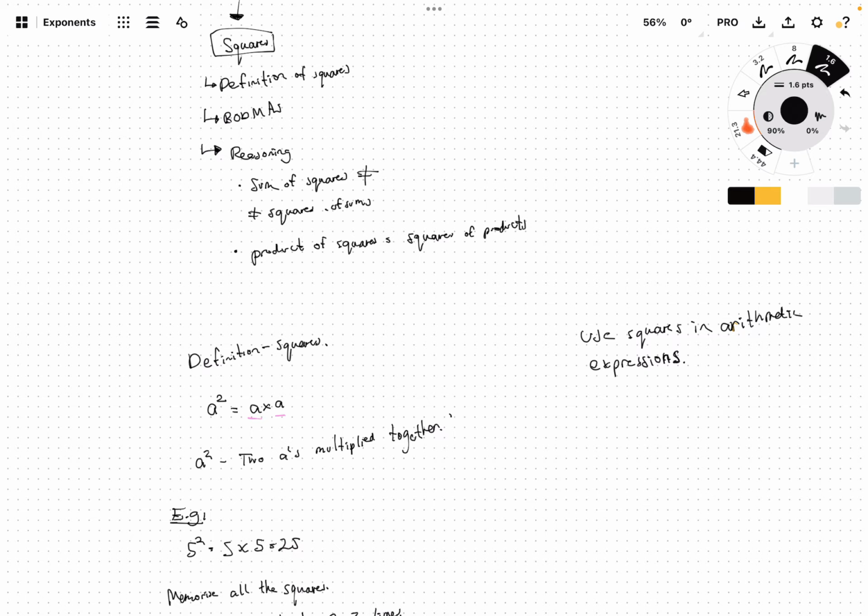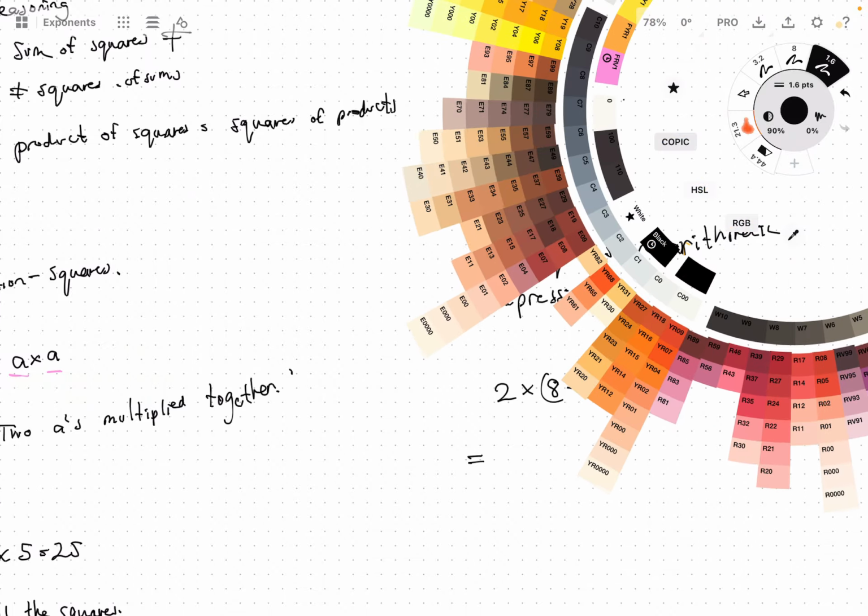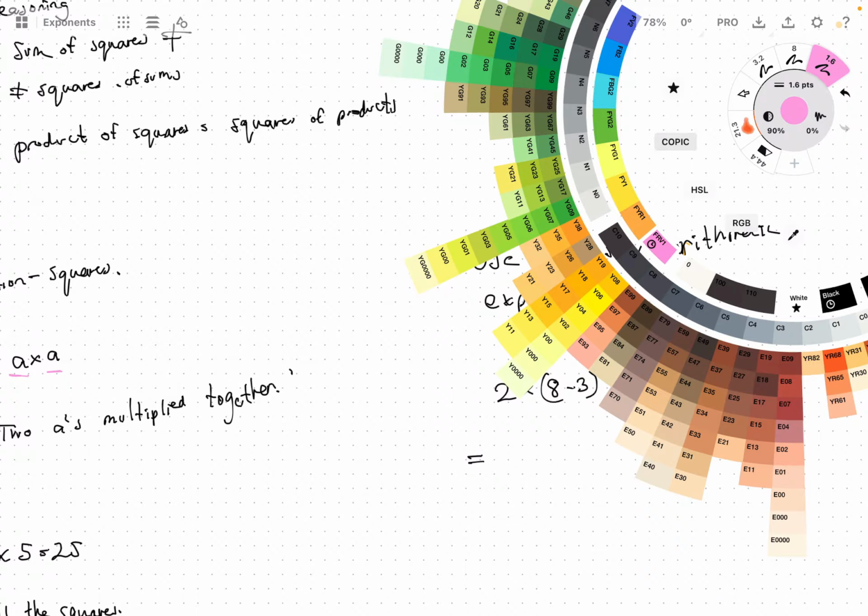What this means is, I'll give you an expression like 2 times (8 minus 3) squared plus 5 times 7 squared. You should be able to solve this while following the rules of BODMAS.